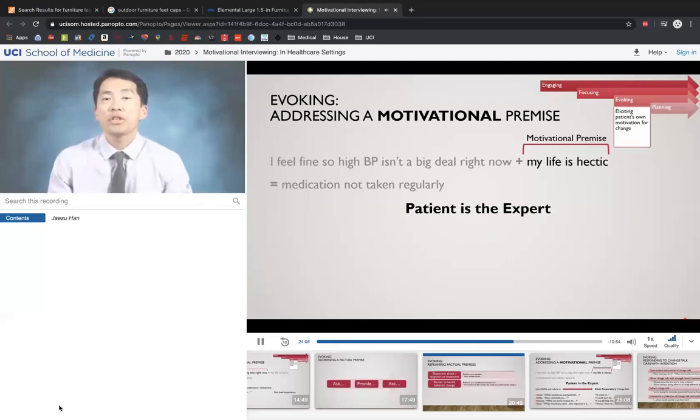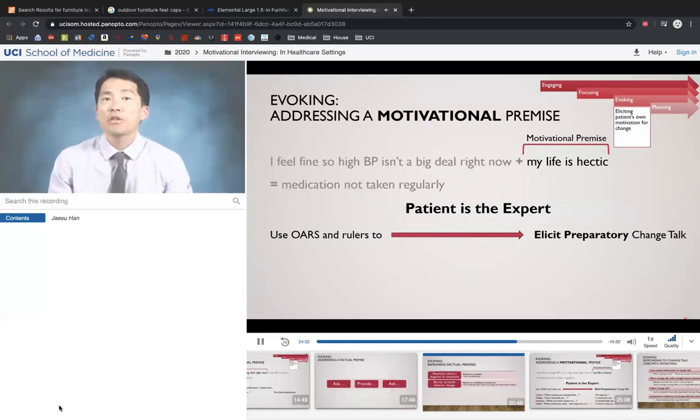So what is important here is that unlike the factual premise, the patient is the expert in the motivational premise. So we really need to elicit from the patient ways that they can move forward rather than trying to provide it to the patient.